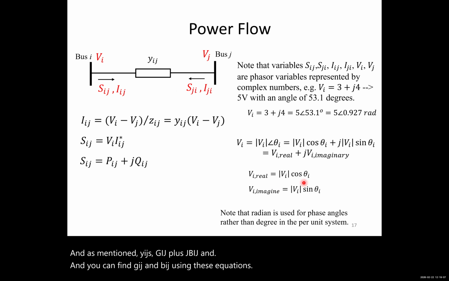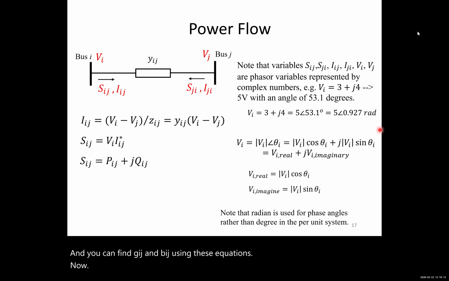Here we define the line current from I to J as Iij equal to Yij times Vi minus Vj. This is technically Ohm's law.